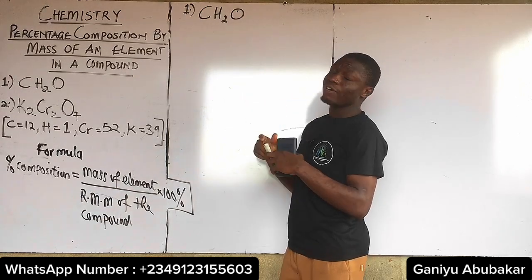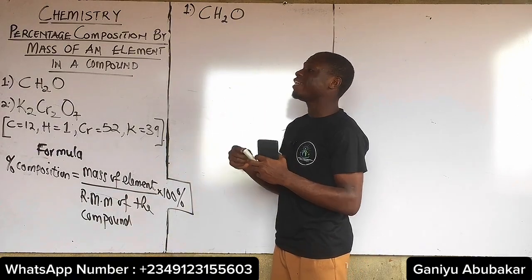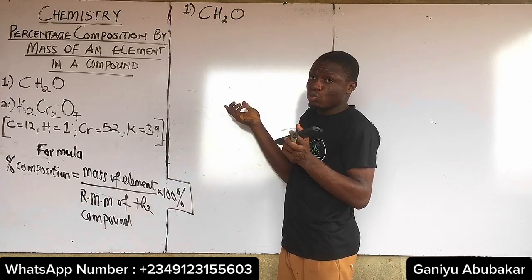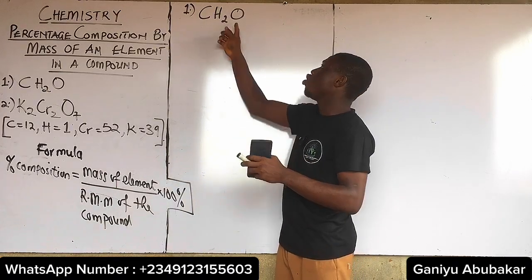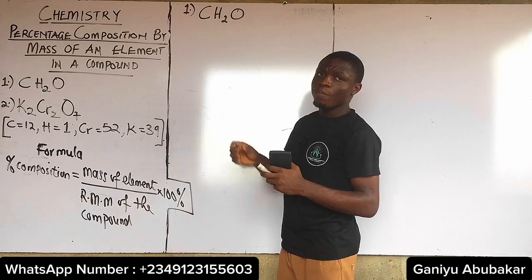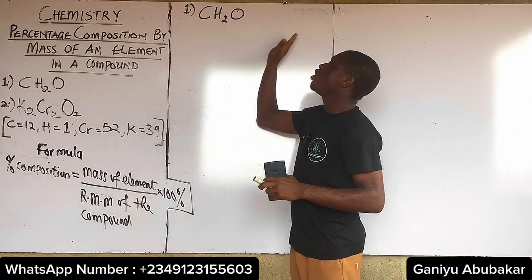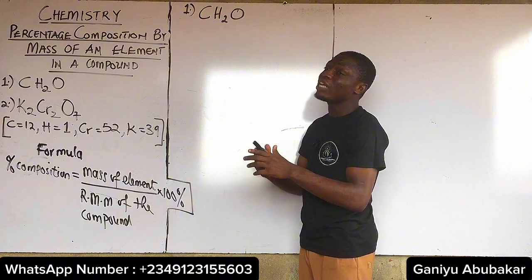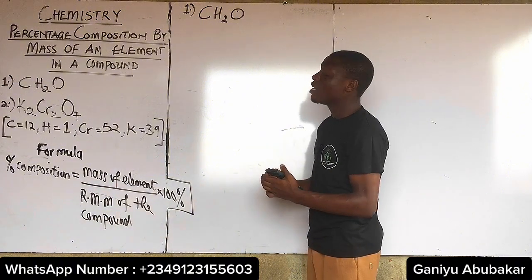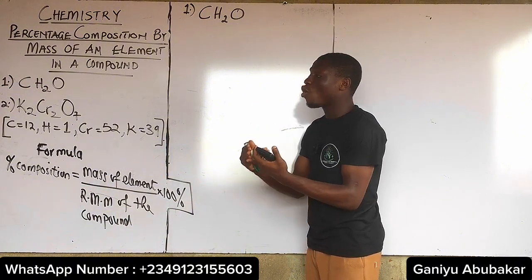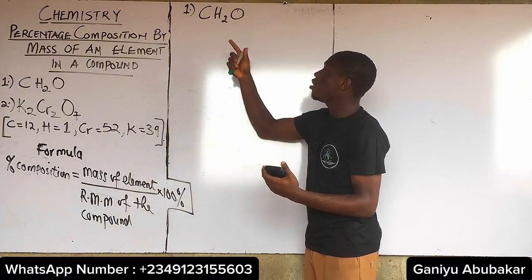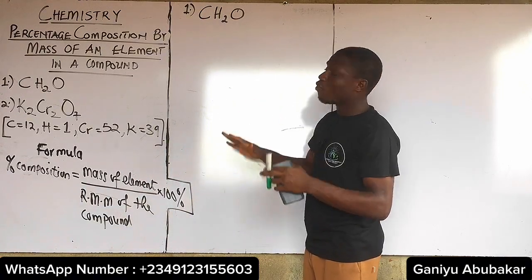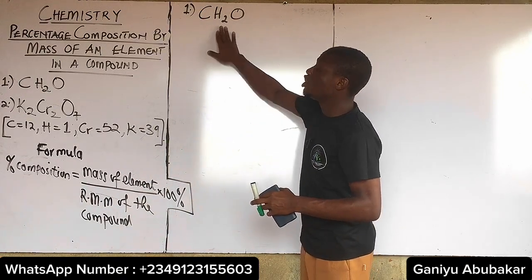You might be told to find carbon, or perhaps oxygen or hydrogen. But for teaching's sake, I'll calculate for each of them. In an exam, you'll be asked to calculate for either carbon or oxygen or hydrogen, just one of them.